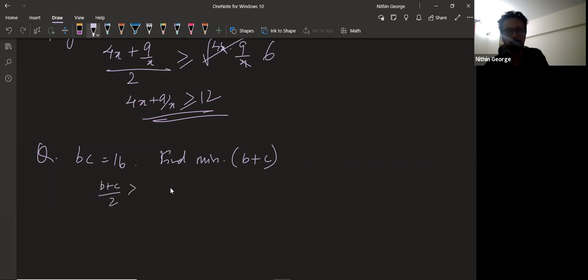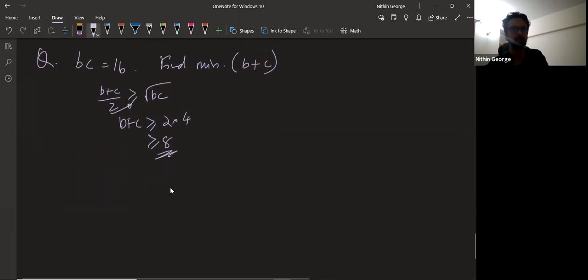B plus C by 2 greater than or equal to root of BC. So B plus C is greater than or equal to 2 into root of 16, which is 4. So B plus C will have a minimum value of 8 here. Anyone who didn't get the question?